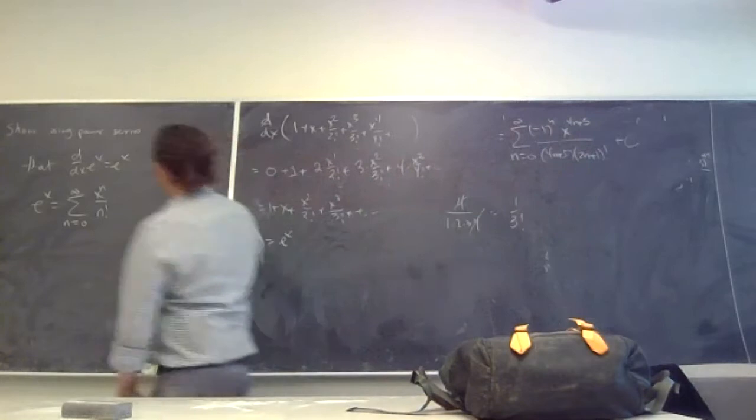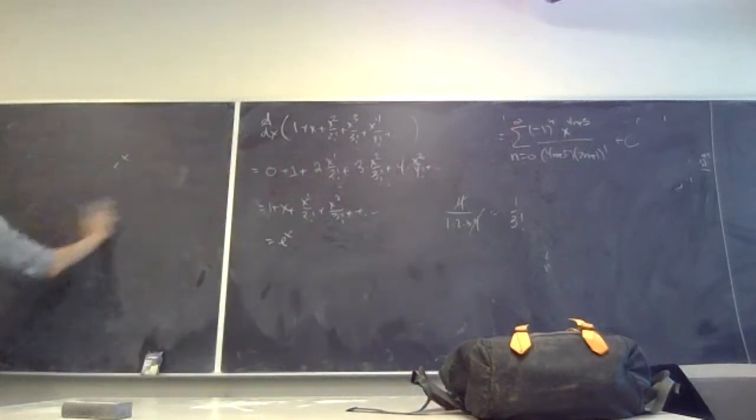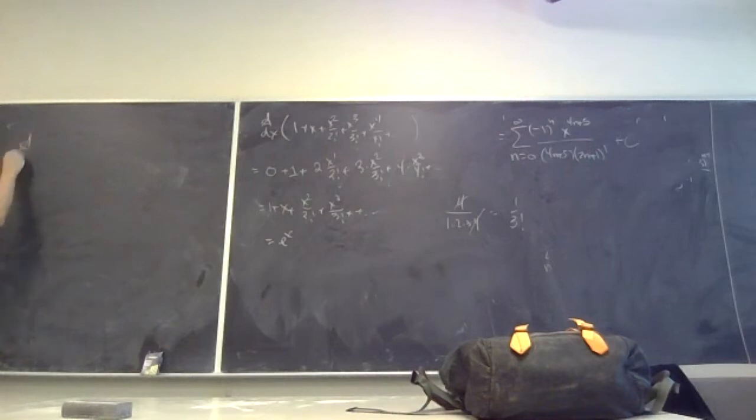Okay, so with sigma notation, this is a harder question. I'll show you what would happen if you did it the other way. If you took the derivative of the sum from n equals 0 to infinity of x to the n over n factorial, the power rule says this is a legitimate solution, and I'm going to write it down right now.